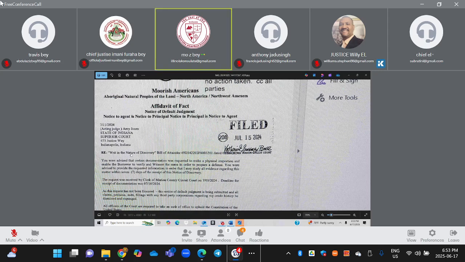But it's hard for them to slide past you when you build the record, because all we're doing is letting the record reflect. Notice the default judgment is reflecting the date that the writ of discovery was filed. It's reflecting the business contract transaction. It's reflecting the deadline time.